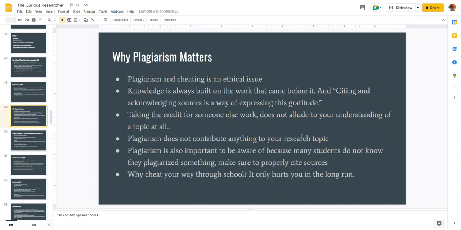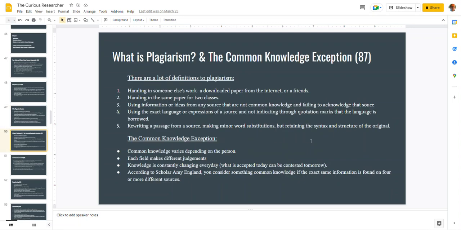It matters not only on an ethical issue, but it's a way for all of us, even your peer reviewers, to understand exactly where your words stop and the words of others pick up. So it's very important that we understand the plagiarizing factor here. And it's always an issue when it comes to the research essay and working with the words of others.